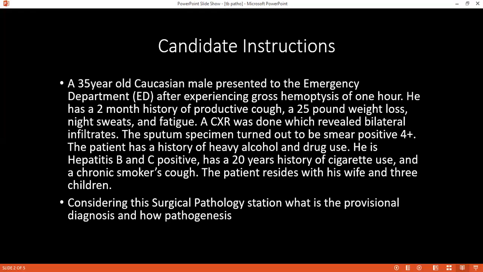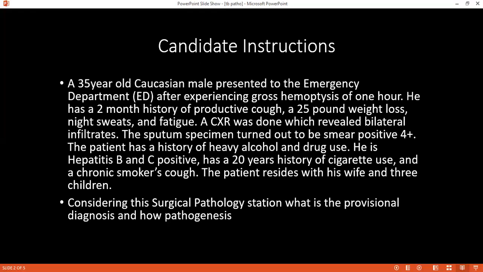Around 6 weeks. What is the proteinaceous substance found in tuberculosis patients? AA amyloid.